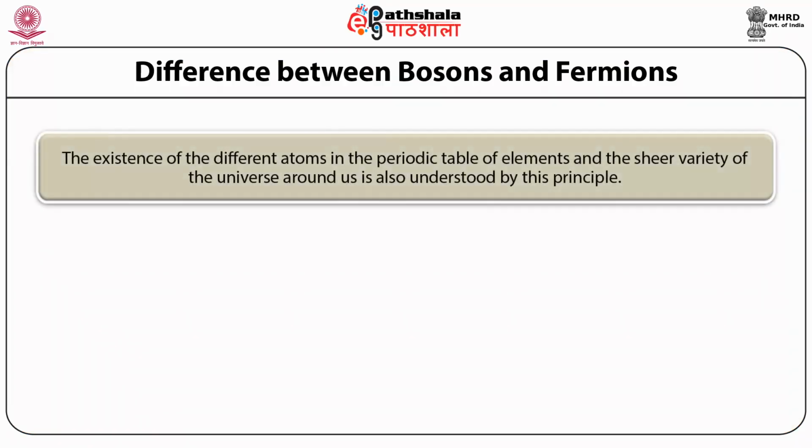This explains why matter occupies space exclusively for itself and does not allow other material objects to pass through it, and at the same time allows radiation to pass. The existence of the different atoms in the periodic table of elements and the sheer variety of the universe around us is also understood by this principle.